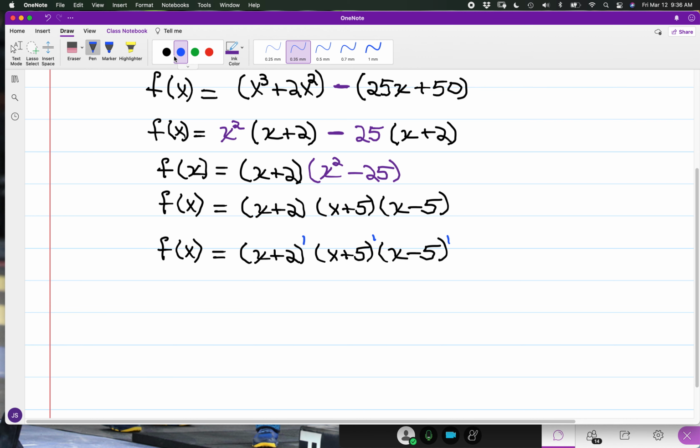So in the case of the zeros, from x plus 2, if I set x plus 2 equal to 0, I have x is equal to negative 2, and with the first degree, the multiplicity is equal to 1.